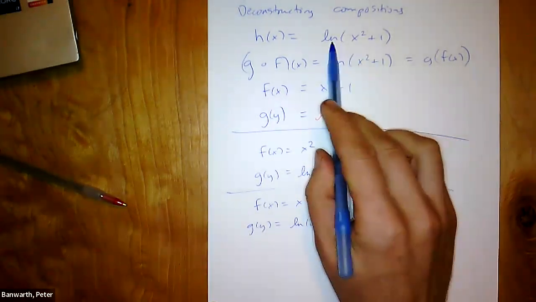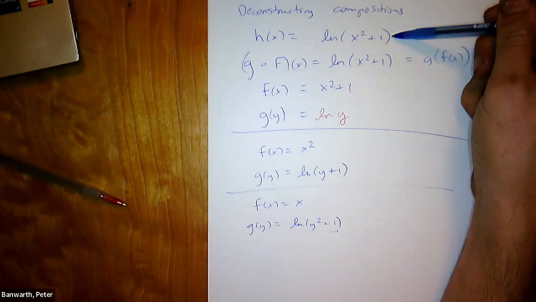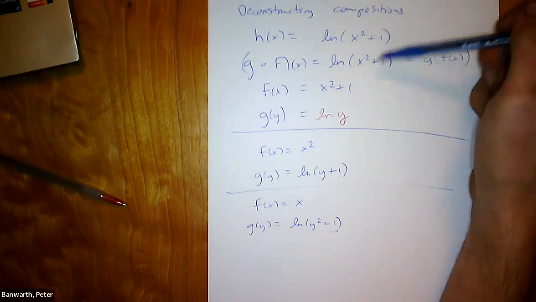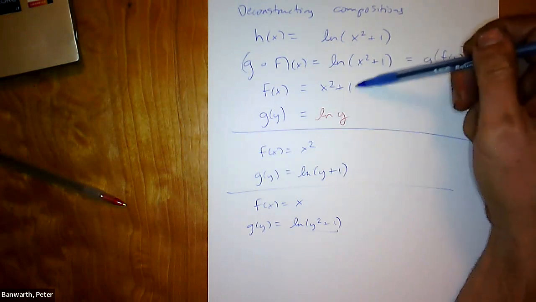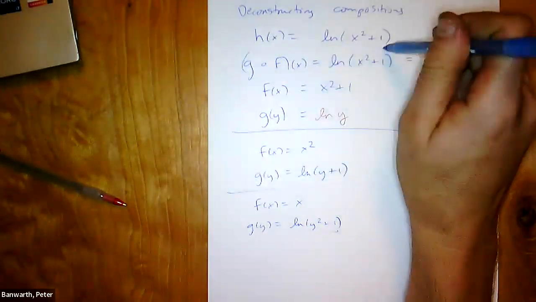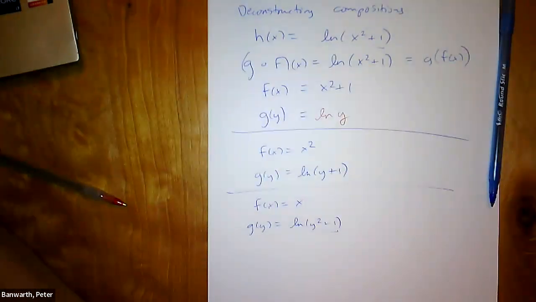We don't want you to just rewrite the whole function as your second step and have your first function just be f of x equals x. So pulling apart a function into two different pieces that could have been put together in a composition to match that final function. All right, that is the end of the video.